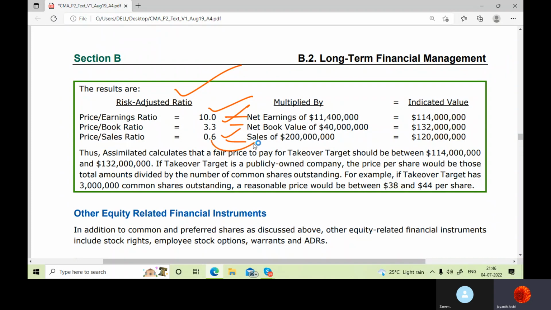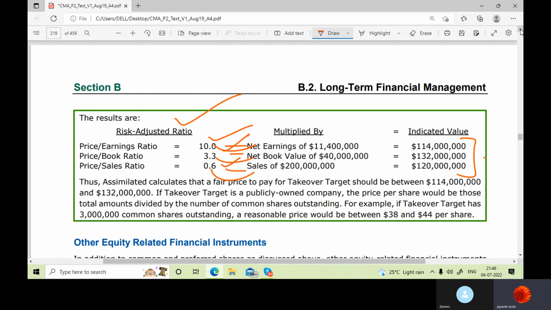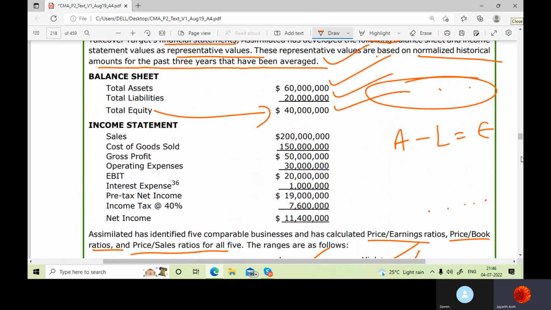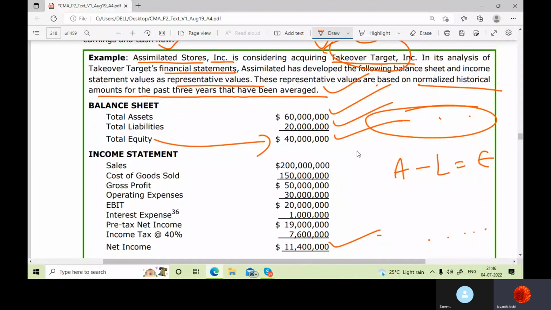Price to sales with sales, price to book with book value, and P/E with earnings, and they got these indicated values. These are the values, 11 lakh 40,000 and all those which you can see here. Which values are they? They are the 3 years average values, correct?